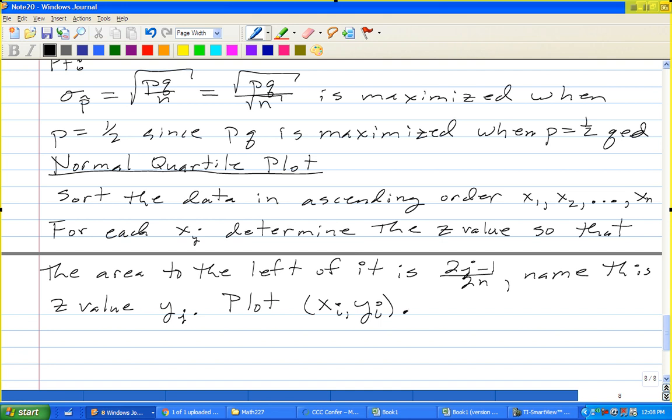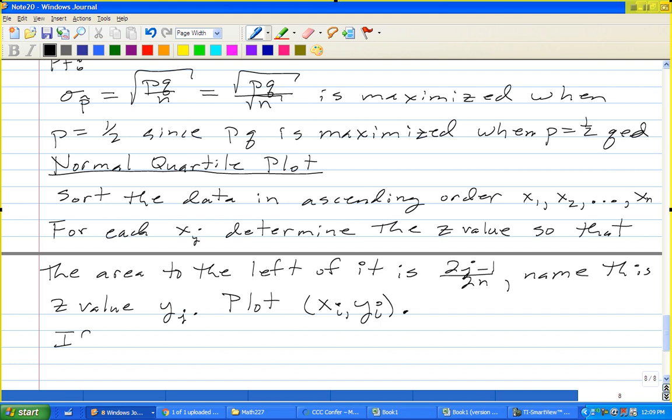And so if they look to be on some particular line, then it will be a normal distribution, so long as they're close to the line and they don't have some systematic pattern. As long as they're just sort of randomly placed near a line by looking at this plot, then it will be normal.